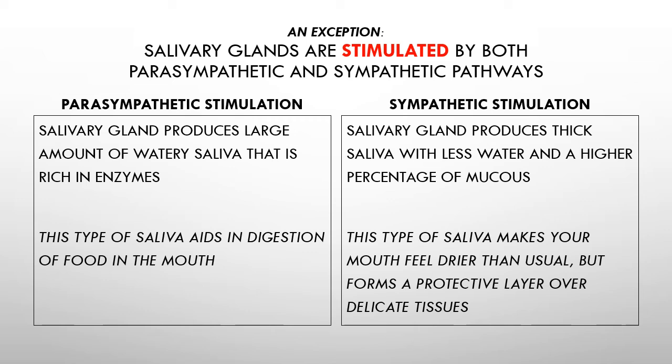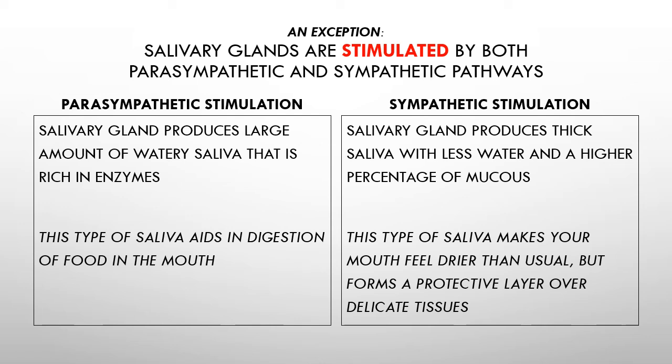The salivary glands themselves are innervated both by sympathetics and parasympathetics, but they both essentially cause production. They're both going to be an excitatory type of glandular secretion there. What's going to change is the actual output.